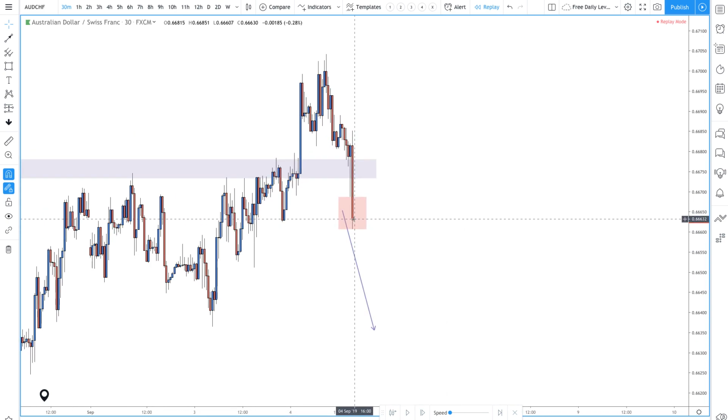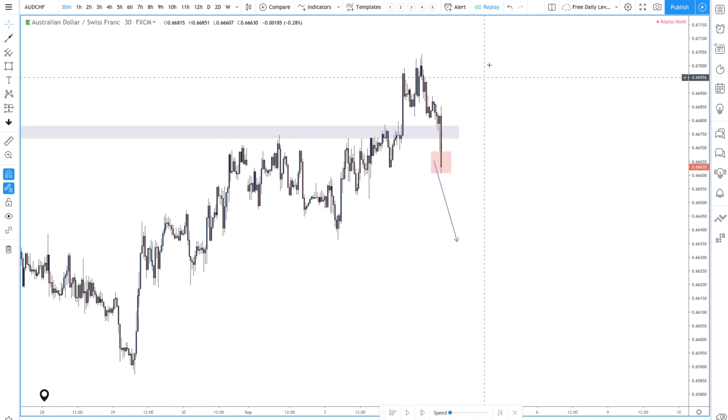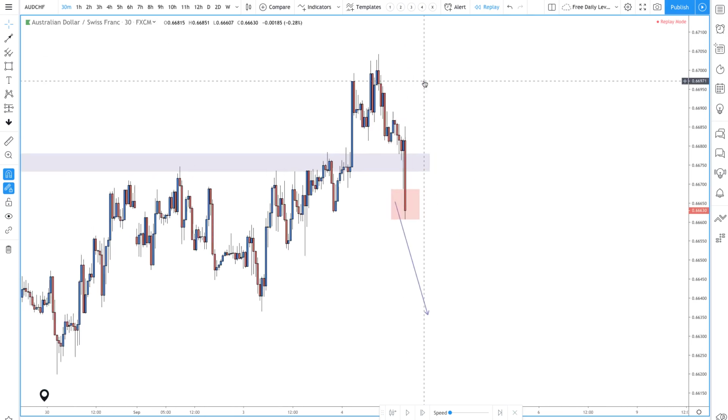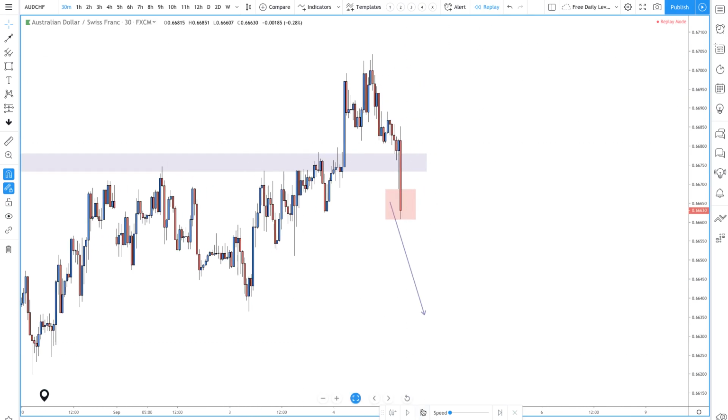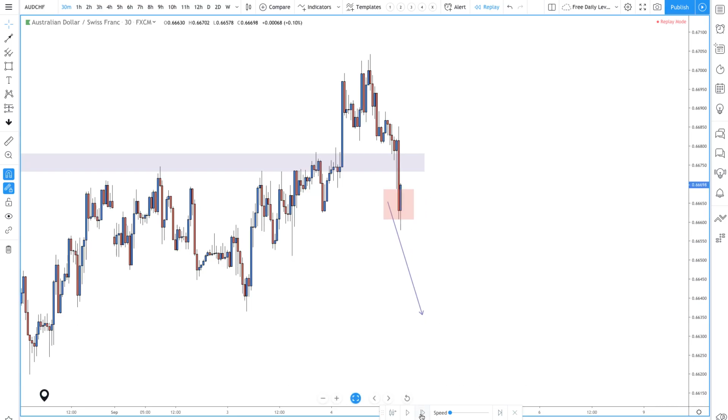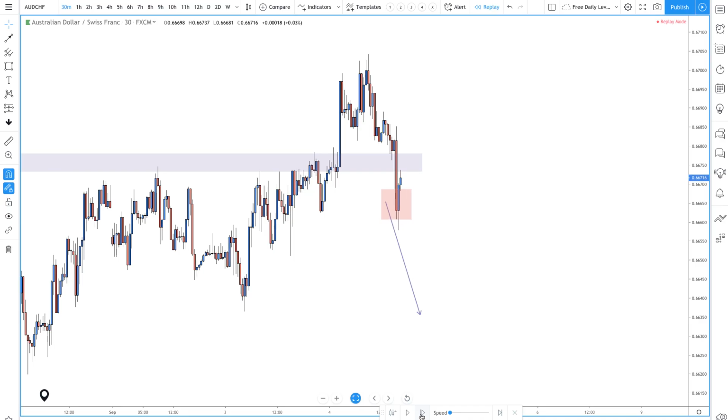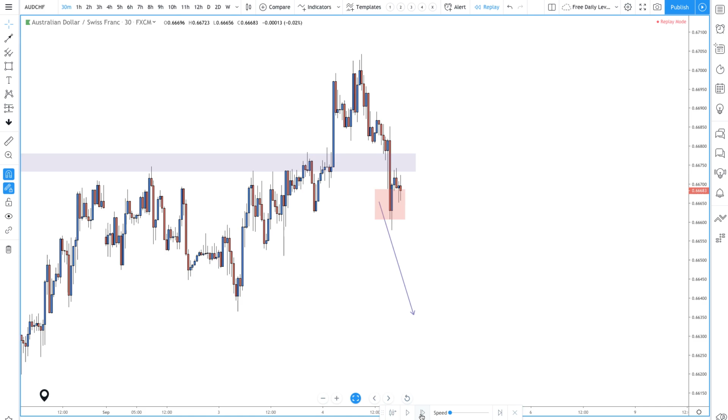Now, what do we need to look for to find out if this is just a stop hunt and prices will continue going to the upside? Well, we have to look at price action. What we want to see is continuation of prices eventually rolling over. All of a sudden we get a bit of a reversal, a bit of a pullback. That's fine, no problem.